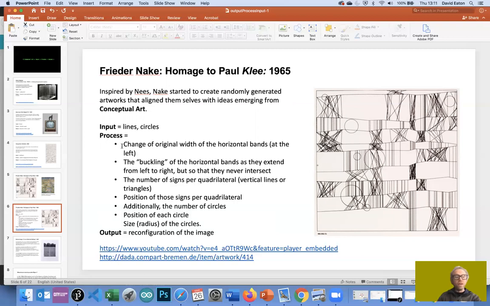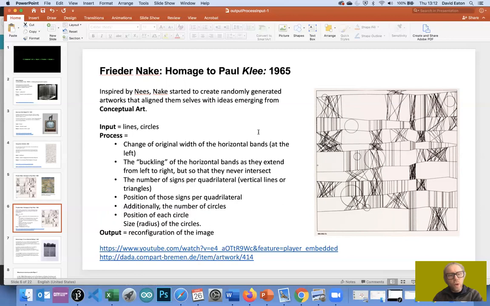And the process here, we've got a written description: change of the original width and horizontal bands, the number of signs per quadrilateral, vertical lines, triangles, positions of these lines, additional circles, positions of circles, sizes of radii. All these things are part of the process. And then the output is the reconfiguration of that image based on this process.